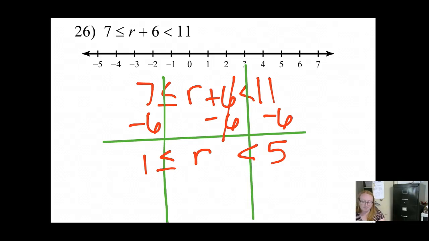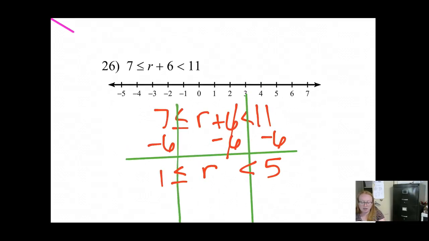So I'm going to go ahead, I'm going to put a dot on 1. I'm going to color that dot in because it is an equal sign. I'm going to put a dot on 5. I'm going to leave it open. And then I'm going to color in between because I taught you that the trick is that r is in between those 2 numbers. Okay.